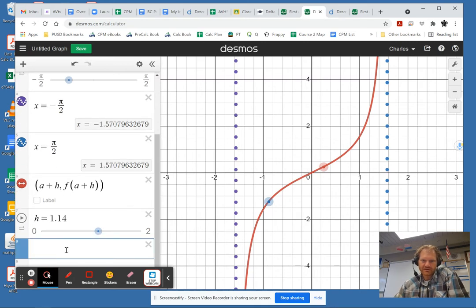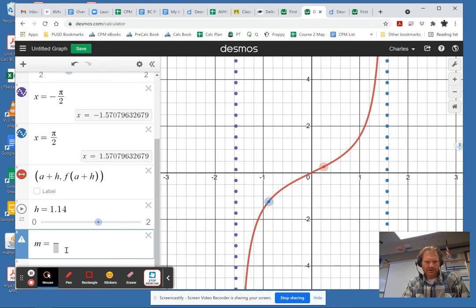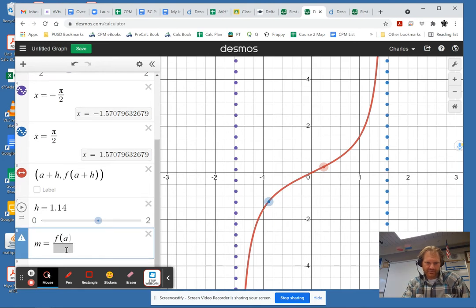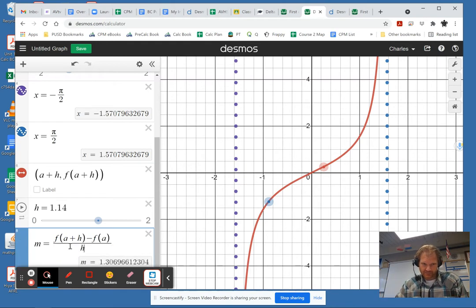And you remember you have that formula, y2 minus y1 over x2 minus x1? Well, I'm going to call that the slope. So this is going to be f of a plus h minus f of a divided by h.